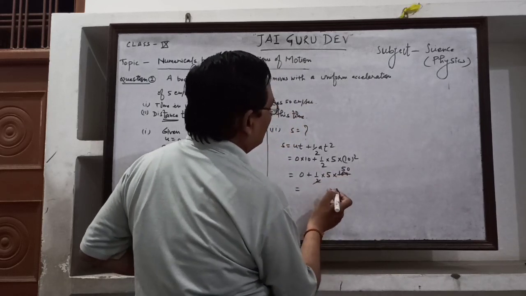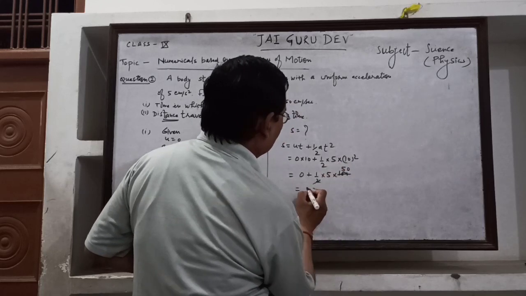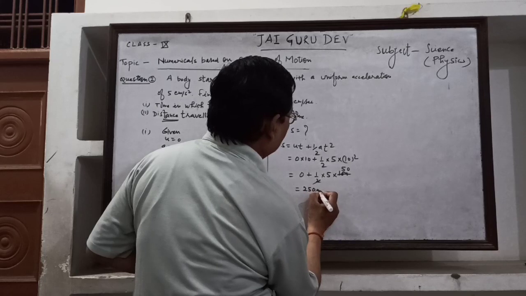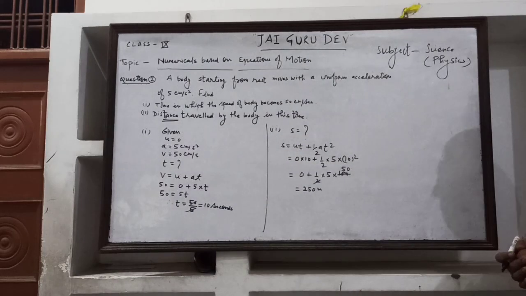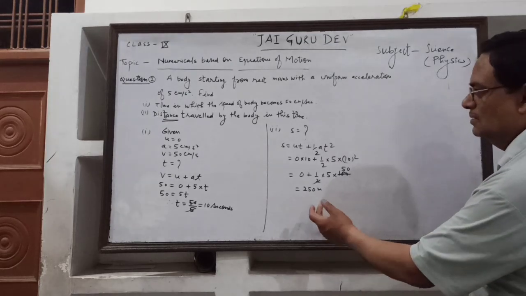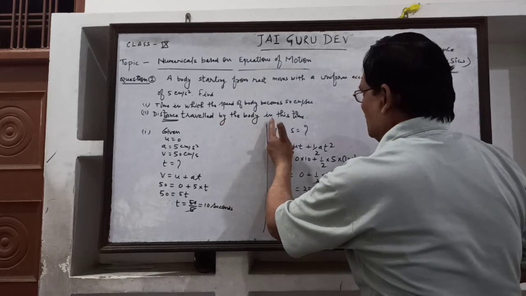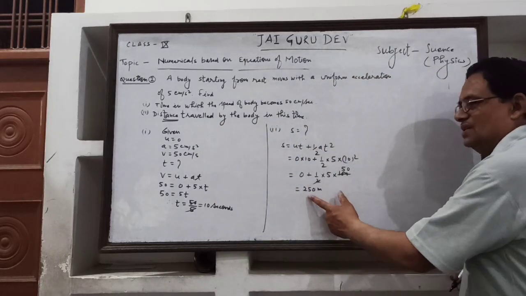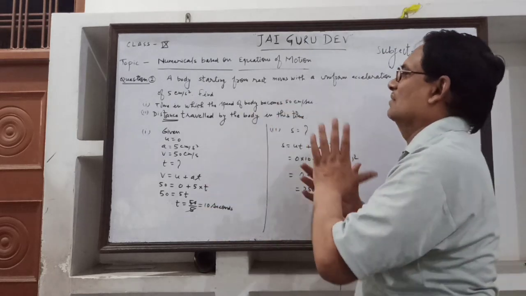So we multiply 50 into 5, which is 250 meter. So once again we get the answer of second part. Distance traveled by the body in this time is 250 meter.